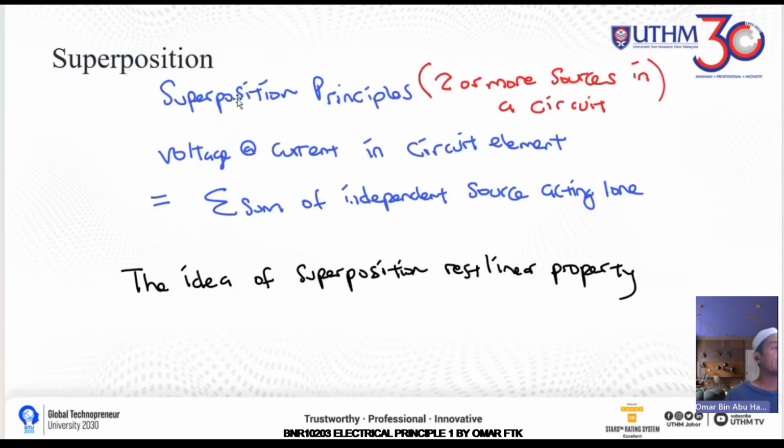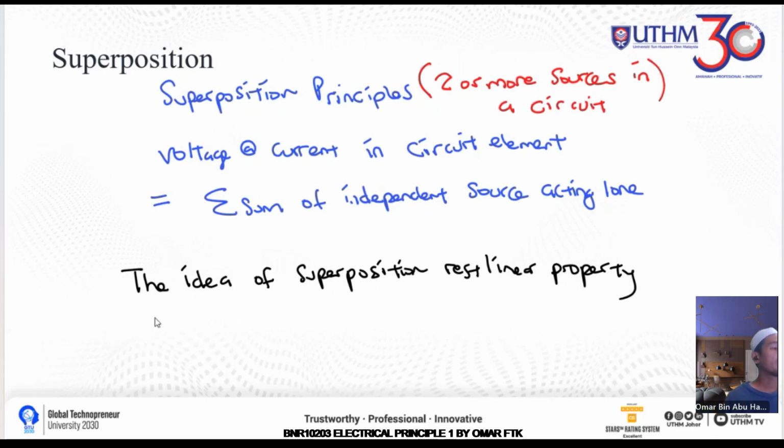That means in the superposition principle, if you have two or more sources in your circuit, the voltage or current in the circuit element equals the total from each independent source acting alone.